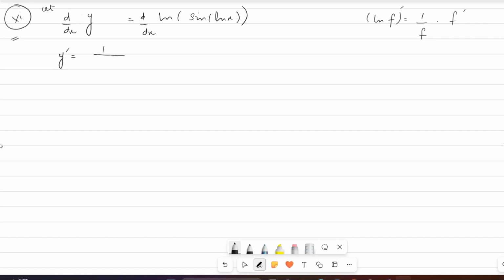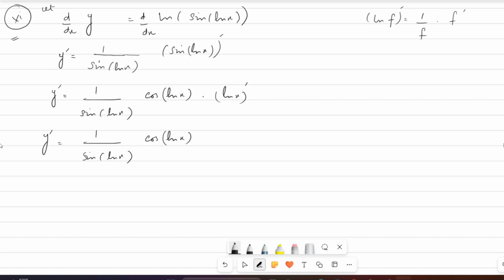The derivative of ln is equal to 1 upon sine ln x, and the derivative of this sine ln x. Fine. And the derivative of sine ln x is equal to cos ln x into the derivative of ln x, which is 1 upon x.